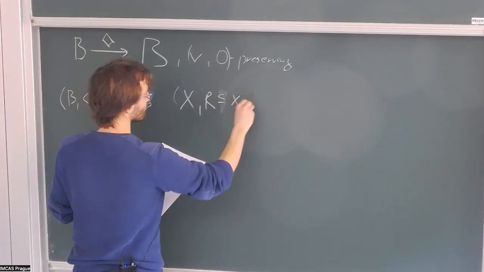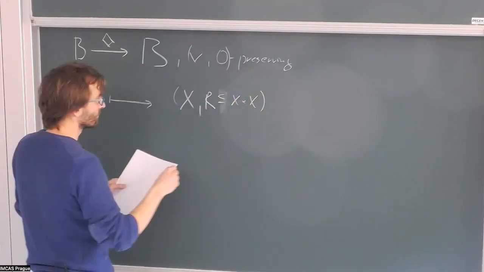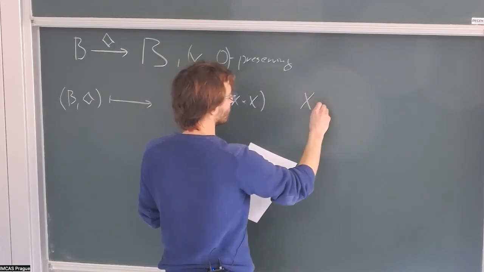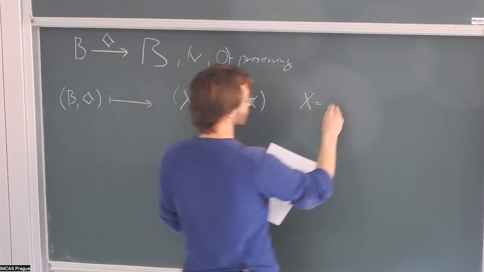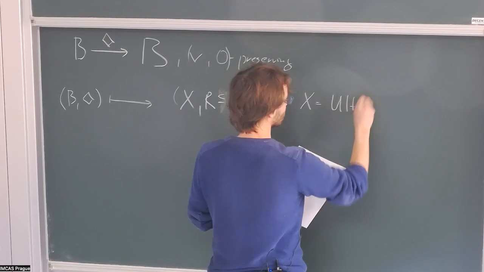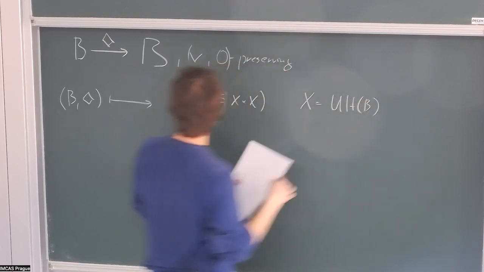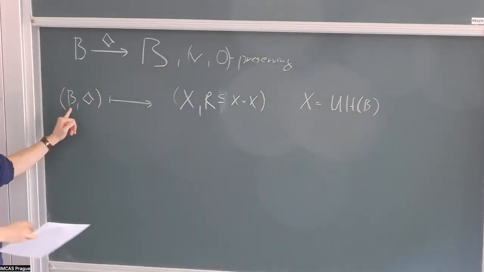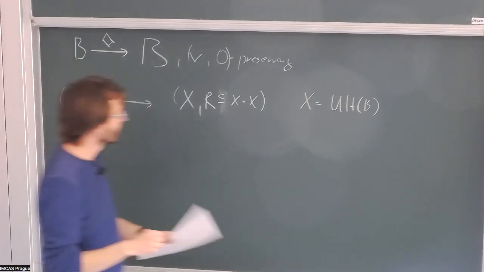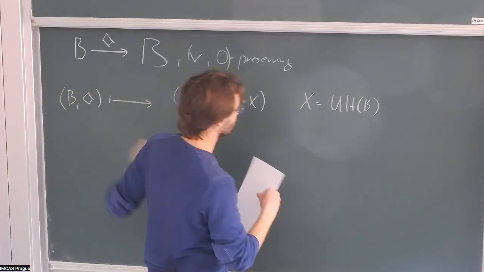Explicit. All right. So X again will be the ultrafilters, like points of the stone space, and R will be defined from this diamond.